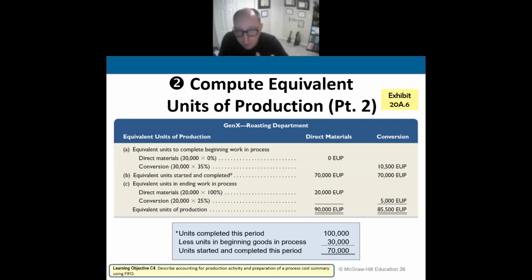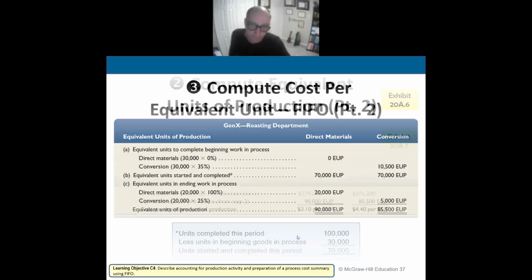The equivalent units at the end of the period were 20,000 units. So direct materials left in work in process, 20,000 units. We converted 25% of that, so that's 5,000 units. Direct materials was 90,000. Converted units was 85,500.